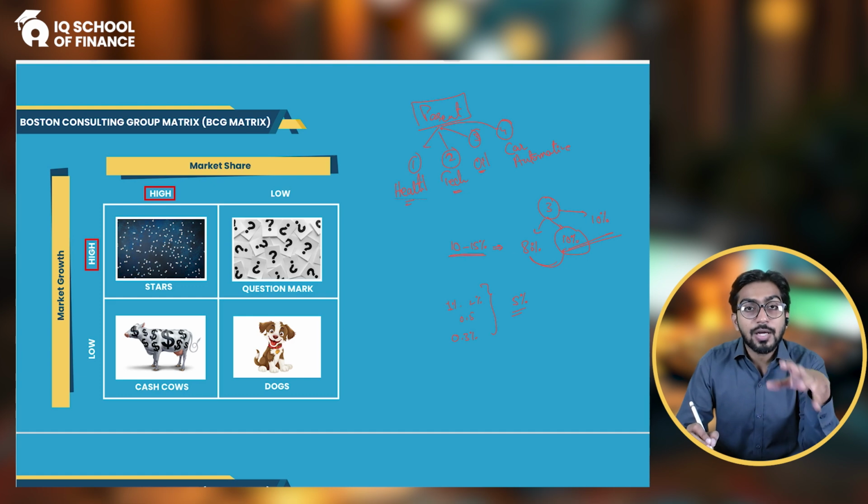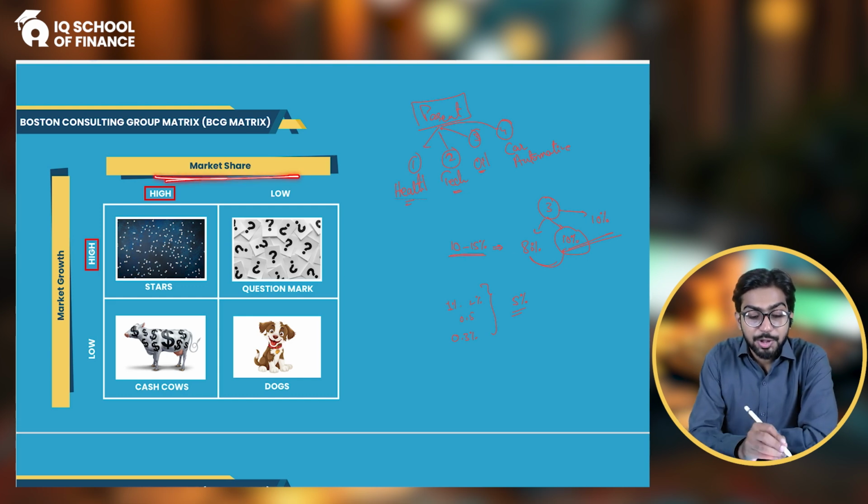And whatever your assessment is, whether high or low, just explain to the examiner why you are saying it is high or low, because numbers are not themselves high or low, they are relative things. If you are comparing 5 with 1, it is high. If you are comparing 5 with 20, it is low. So that is what you need to check. So the first thing is that you are going to see your market share.